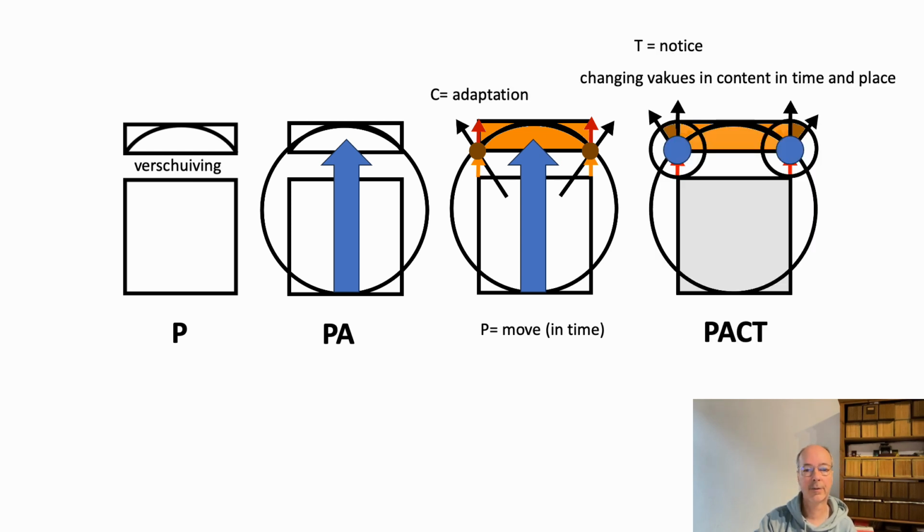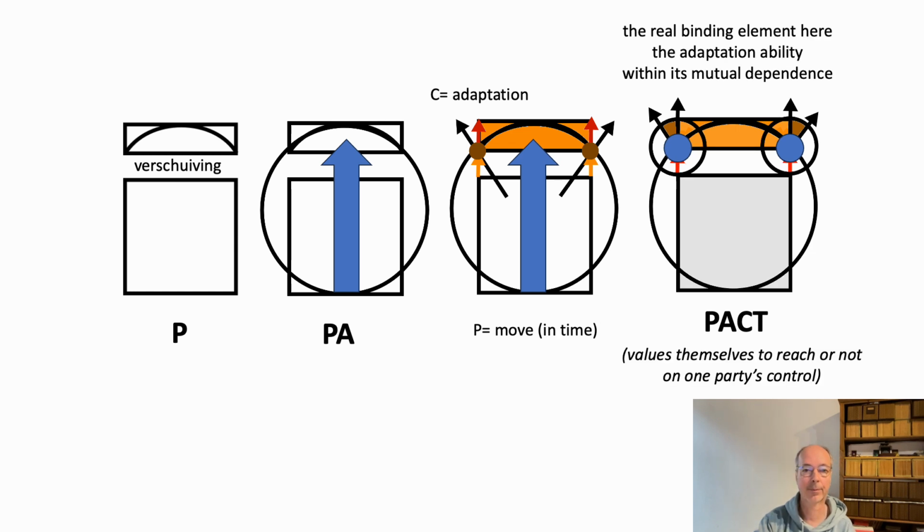And then the changing values of the content somewhere in time and place. So it will move to something in time and place that will have a cooperative value. And that's actually what the pact is about.